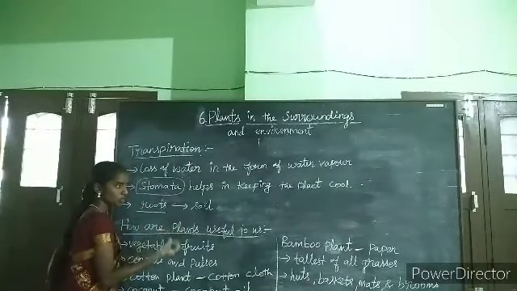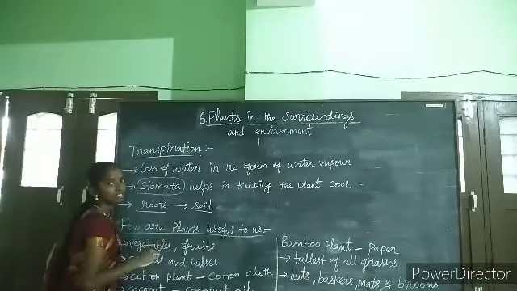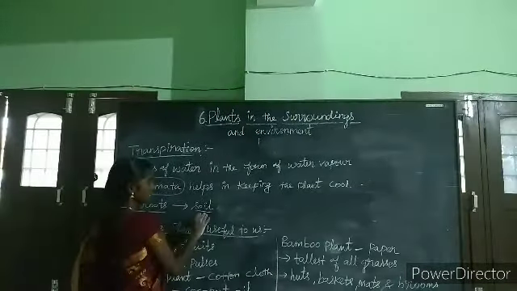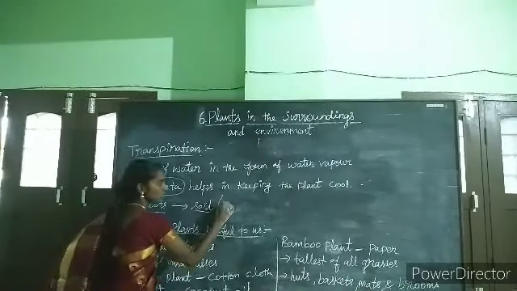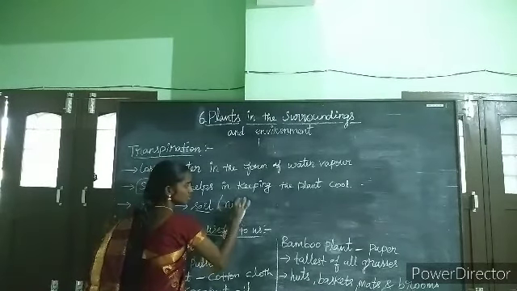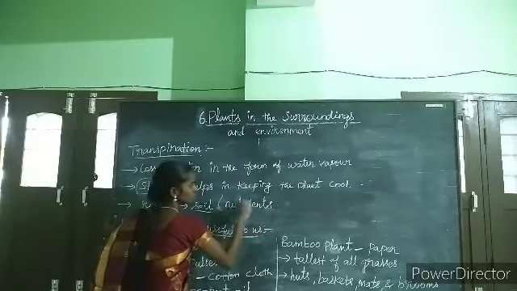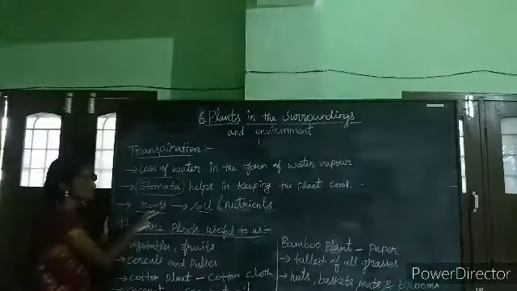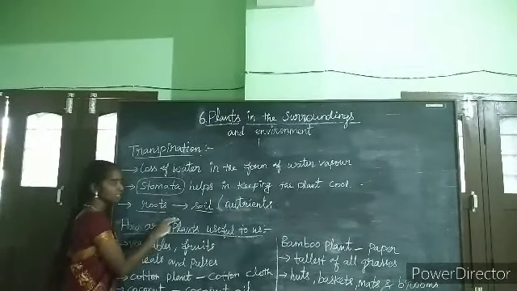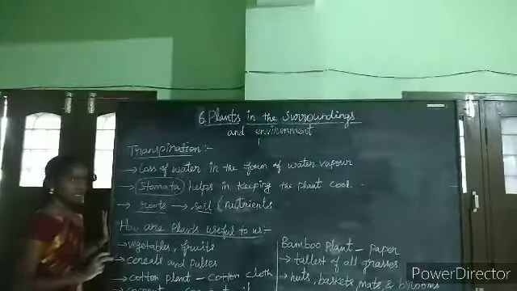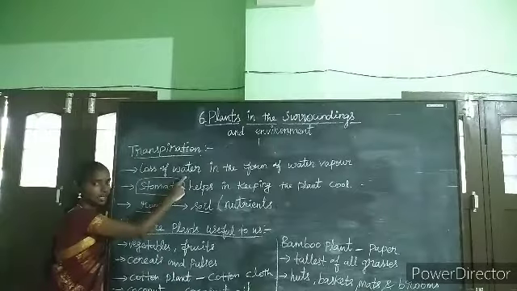The root will absorb water from the soil to all parts of the plant, and also some important nutrients, and send them to all other parts of the plant. Clear students? So this is called transpiration. Transpiration means water loss. Clear?